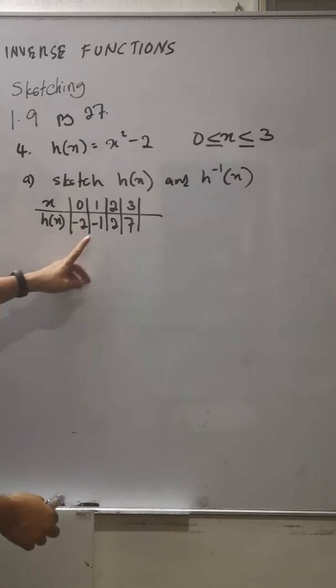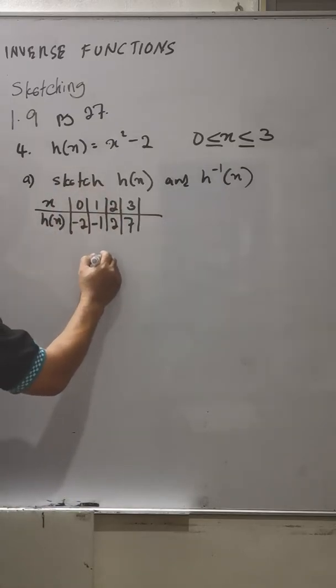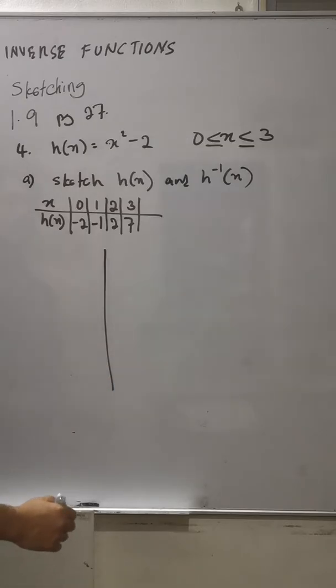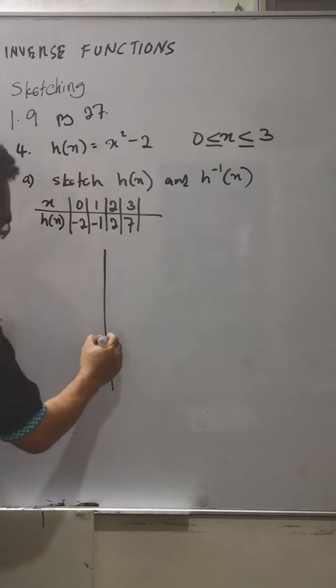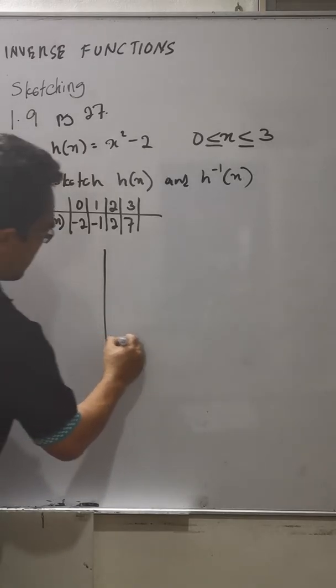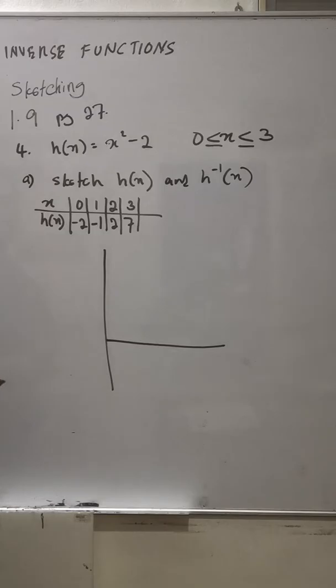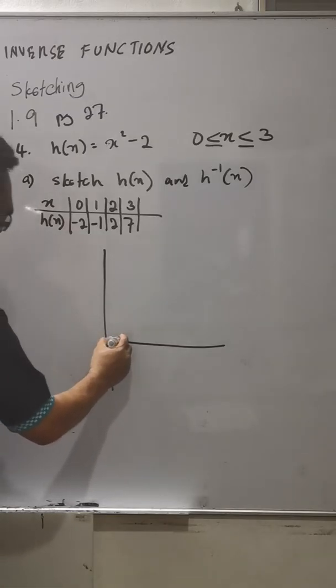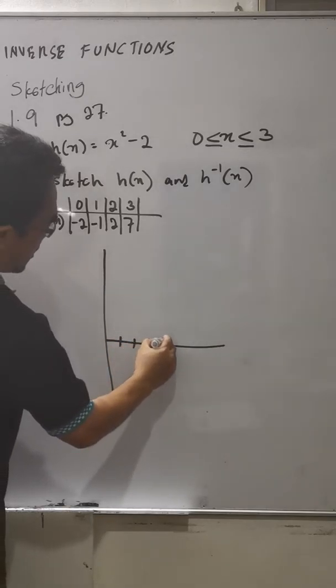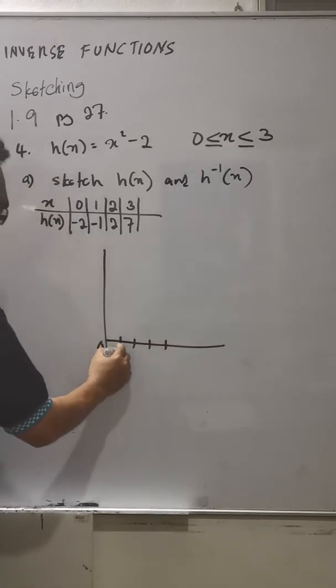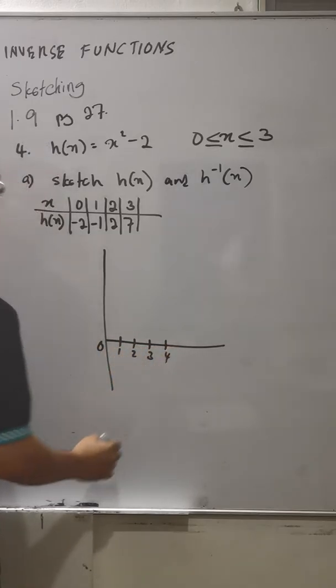Make sure we have all these values inside the graph. The x values are all positive, but the function h(x) will be starting from negative 2. So for x we have 0, 1, 2, 3, 4.